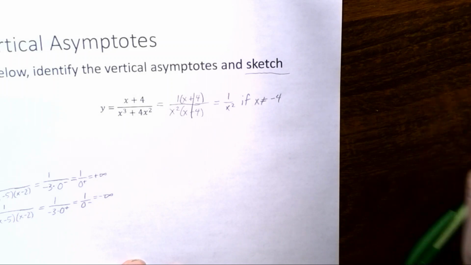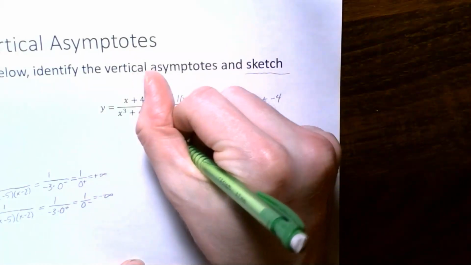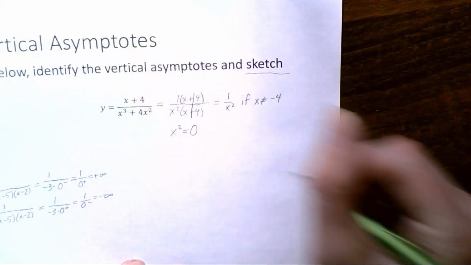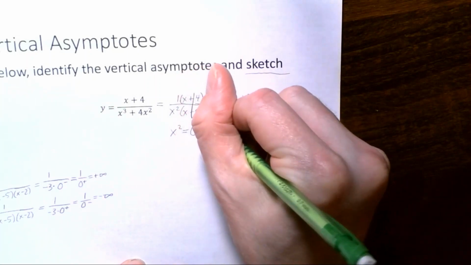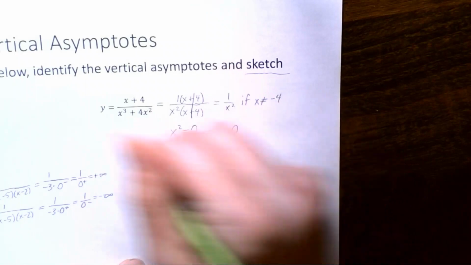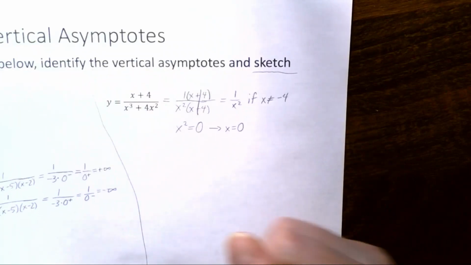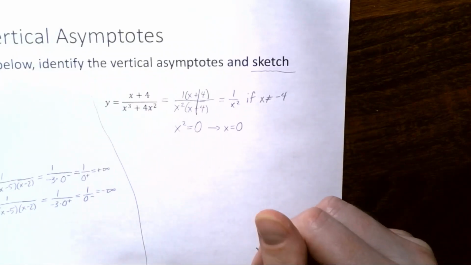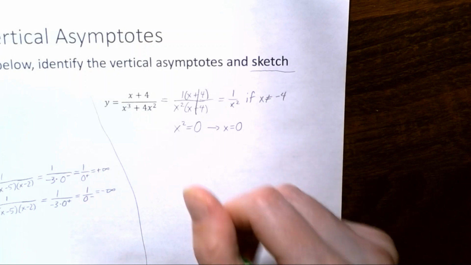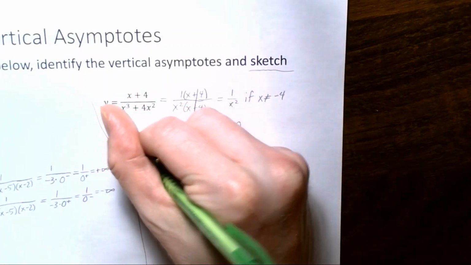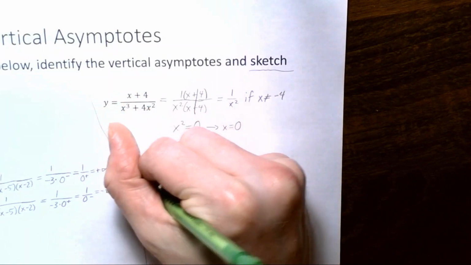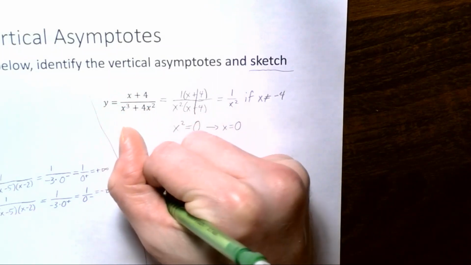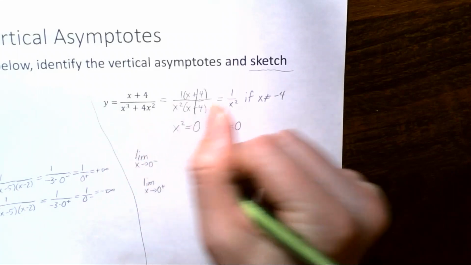Now, here I set my reduced denominator equal to 0. Which, solving that, gives me a single solution at x is equal to 0. So to see what it's doing around there, I do the same process I did with the other one, and that is I take the limit of the function from the left and from the right of my value, which in this case is 0.